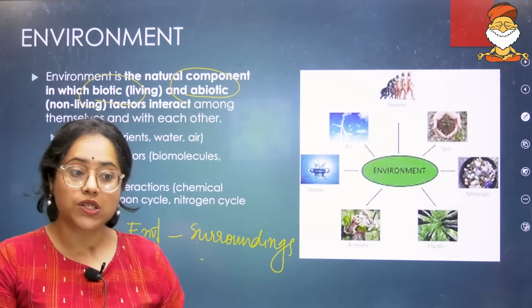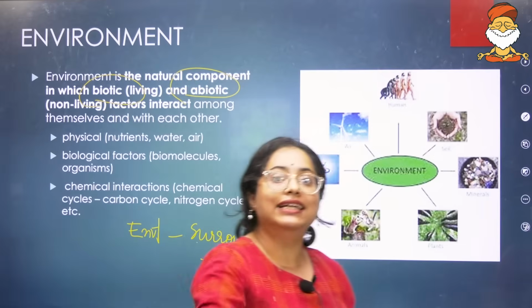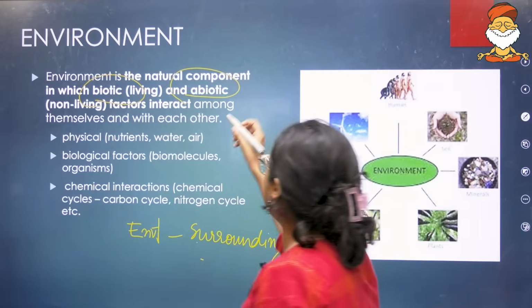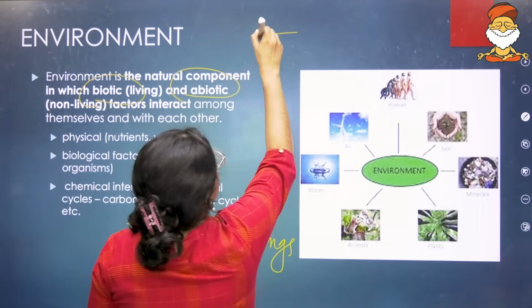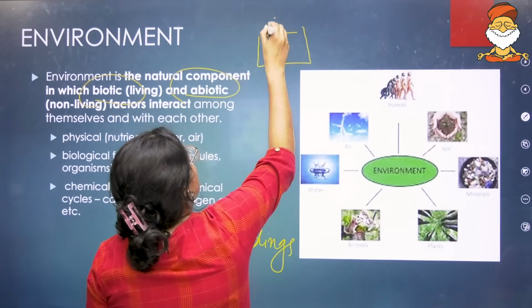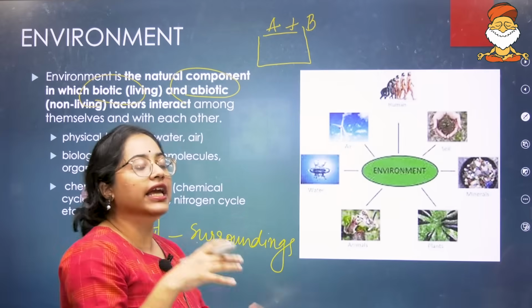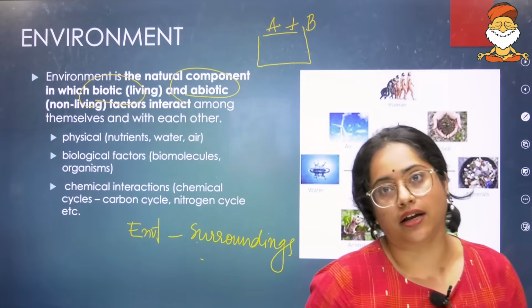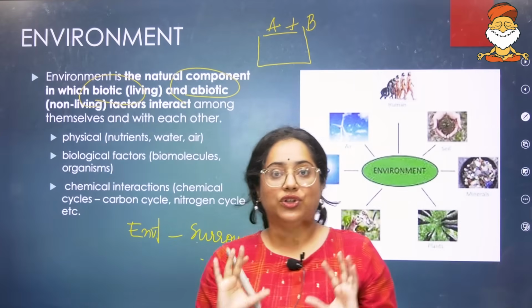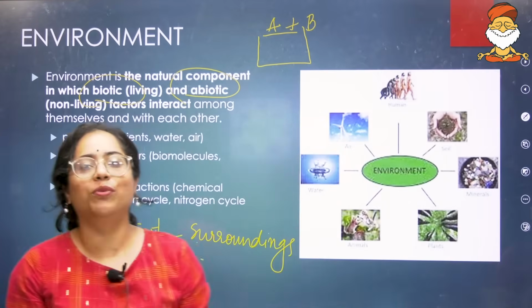Now my point is, you can say it is an environment when in that particular thing, you have abiotic and biotic factors interacting with each other. When they interact with each other, what do you mean by interact with each other?